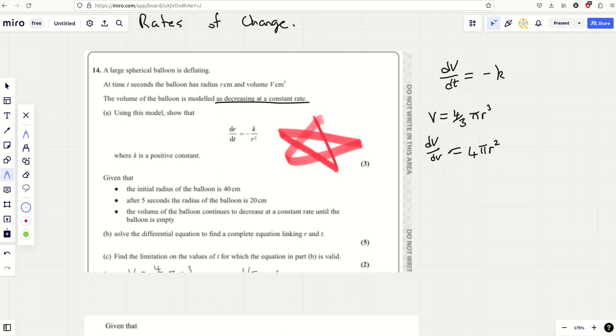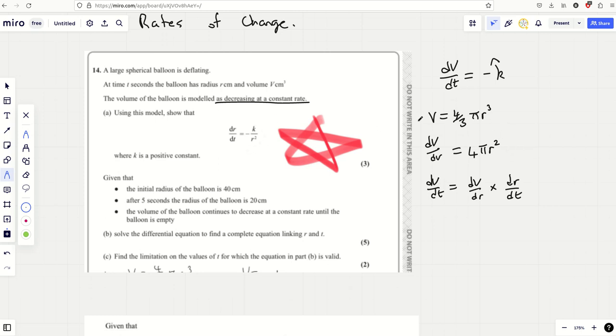Let's not get distracted. At this point, it's a chain rule problem, because we know that dV/dt equals dV/dr multiplied by dr/dt. We've got dV/dt, it's minus k. Oh, and I might call this minus k hat, because it annoys me when they do this, because my k might not be the same as their k. So I'm going to call it k hat, just to distinguish it from their k.